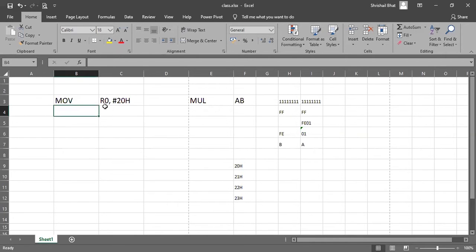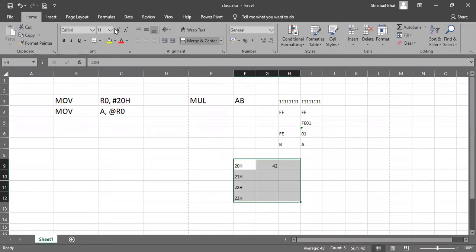Then I want to copy the contents of the memory location pointed to by R0 into A. So I will write MOV A, @R0. This copies the contents of that location into A. Suppose that content is 42.